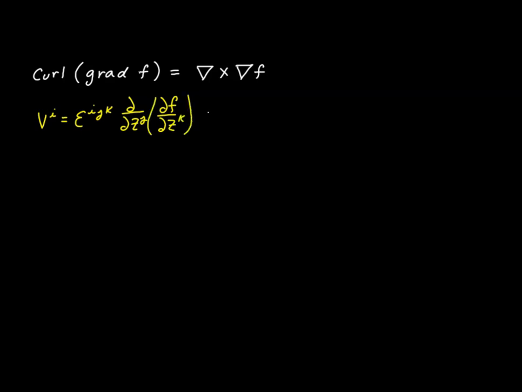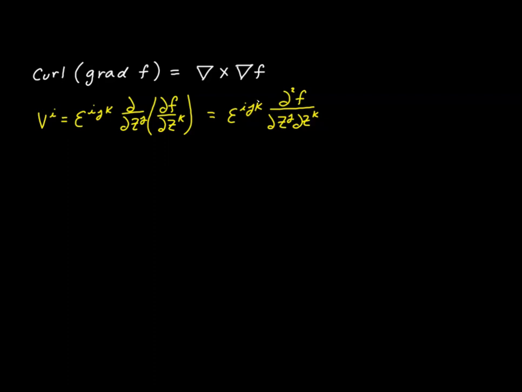And of course, that's going to be equal to epsilon^ijk times the second partial of f, first with respect to z^k, then with respect to z^j. Now, I expect you may be able to see what's going on here already.